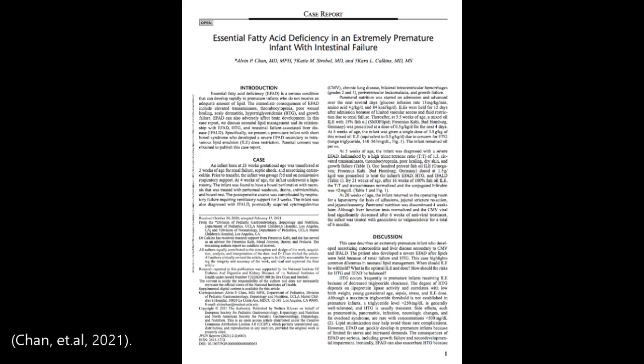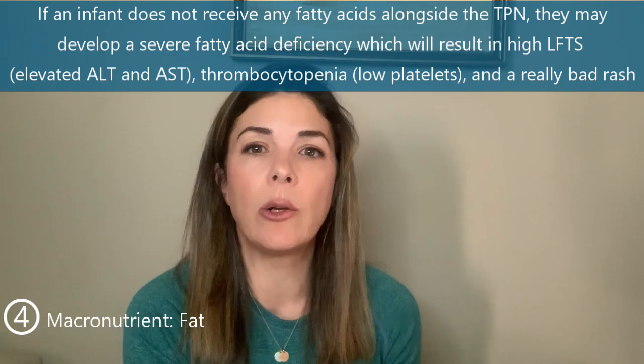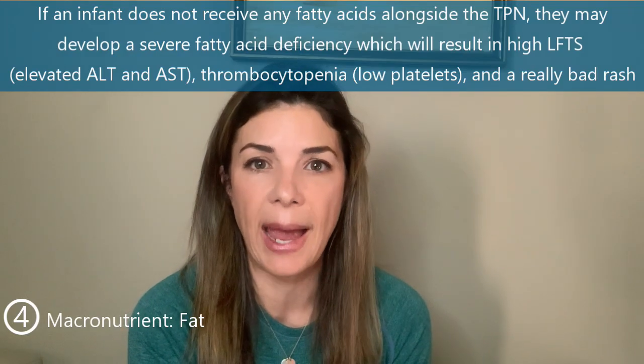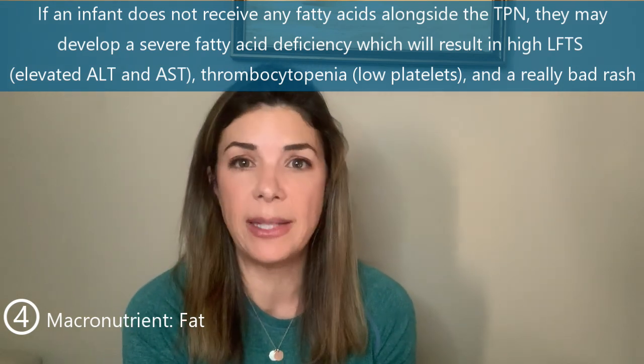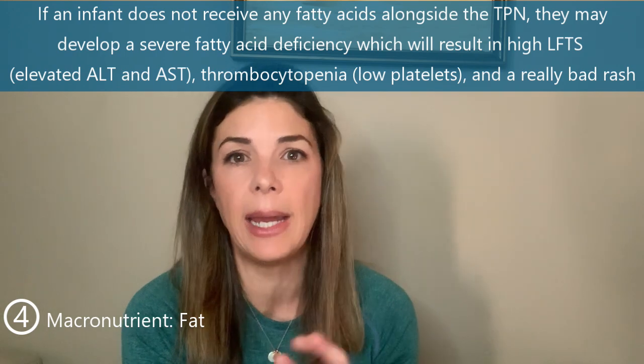So if you're not giving a baby the fatty acid component of the TPN, and they're not eating at all, so they're not receiving any of the essential fatty acids, not only will that baby obviously grow really slowly because you're just not giving them a whole bunch of calories, but they could also end up with an essential fatty acid deficiency. And what that can result in is elevated LFTs, so high AST and ALT.